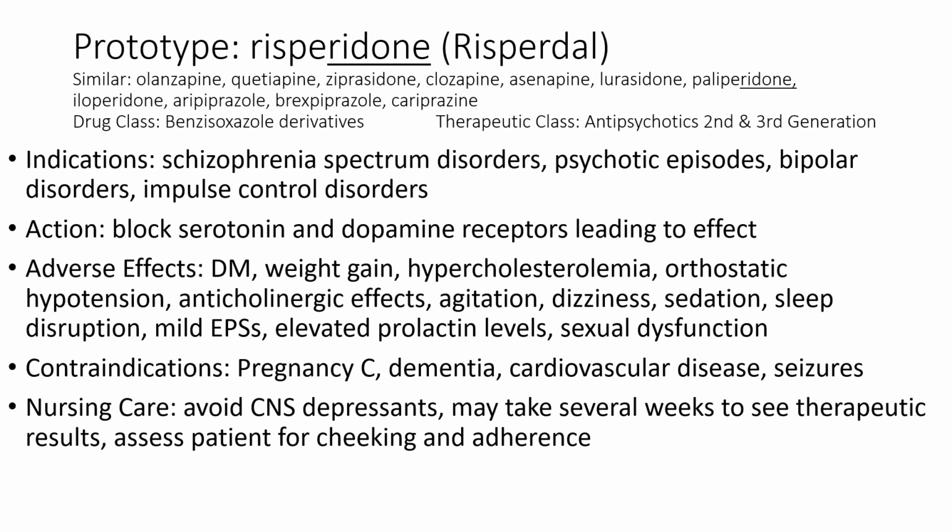And both first generation and second or third generation antipsychotics can have sexual dysfunction. Okay? And we already spoke about the elevated prolactin levels when you block dopamine, leading to some milky breast discharge in males or females, and really upsetting menstrual cycles in females.